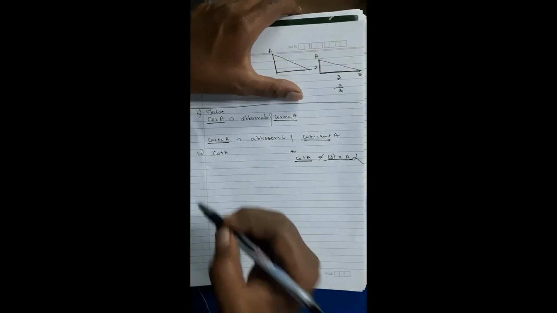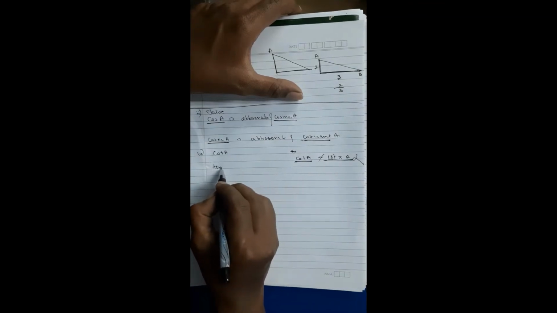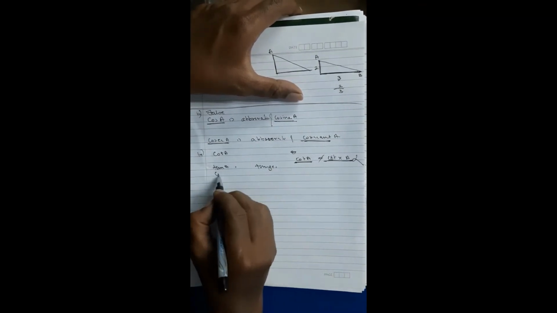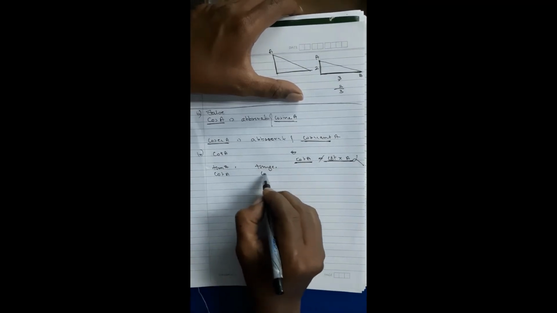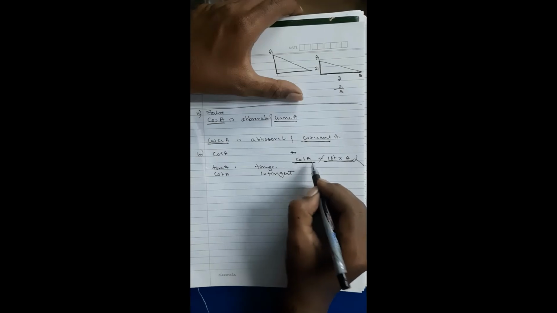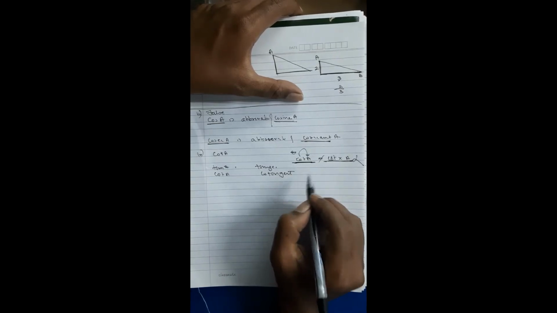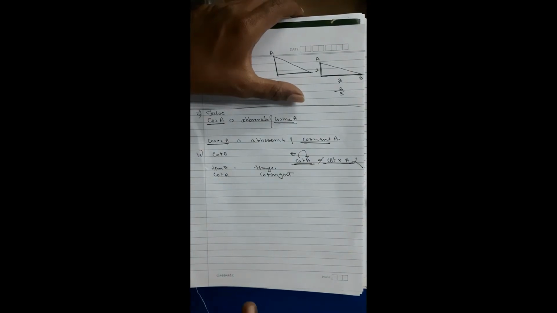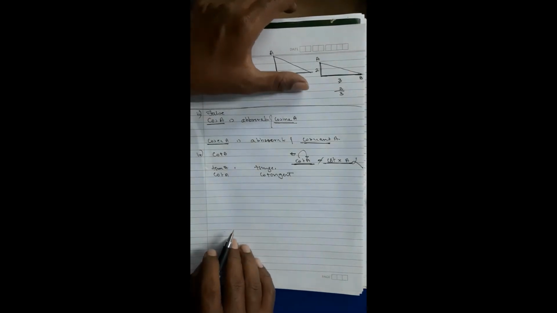See, tan is an abbreviation of tangent, and cot is an abbreviation of cotangent. Cot A is cot of some angle. It is never multiplication. Don't consider it multiplication at all.